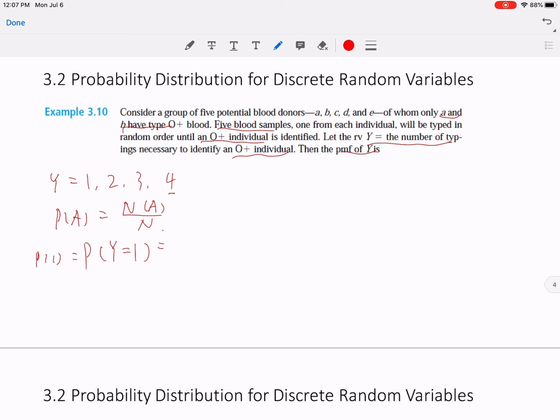That means the first type is O positive, right? That means the first person typed could be A or B, because A and B are the two people who have the O positive blood, right? So this is equal to the probability of A or B being tapped first.